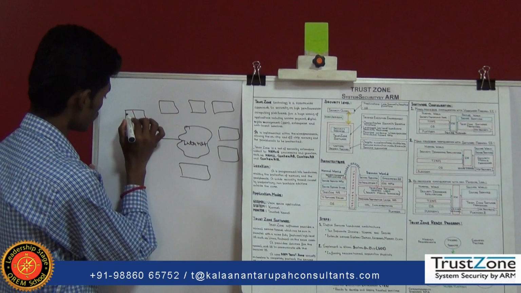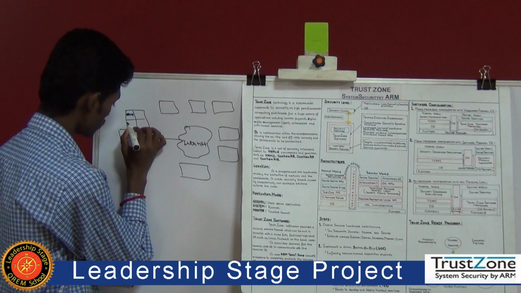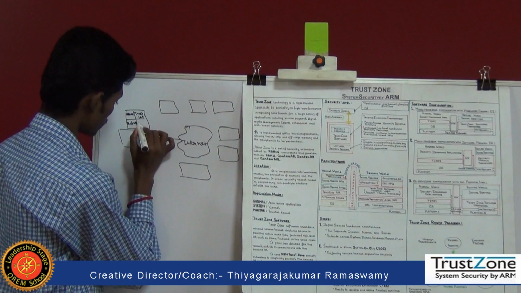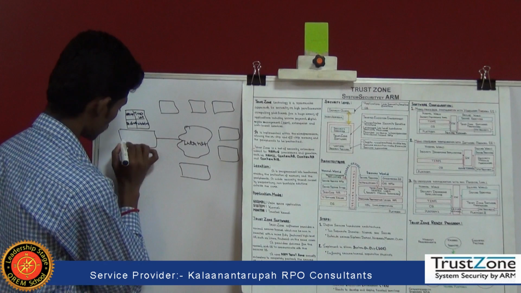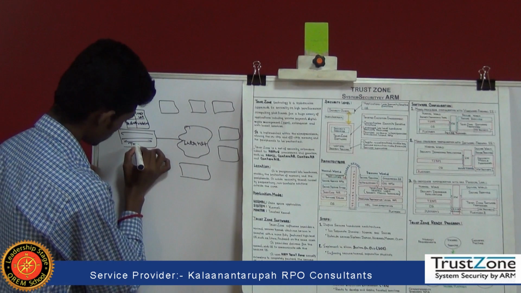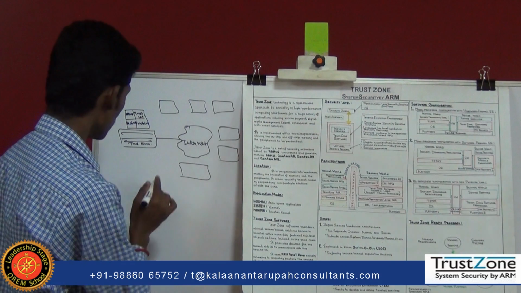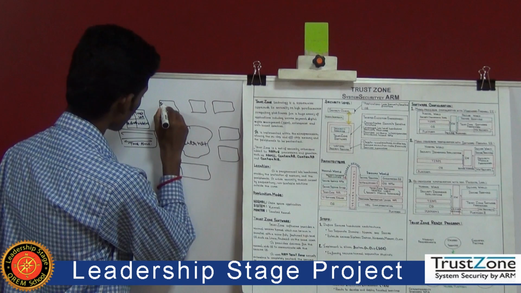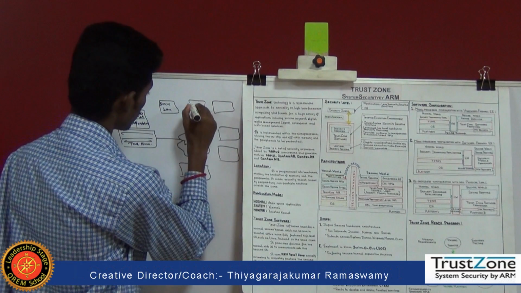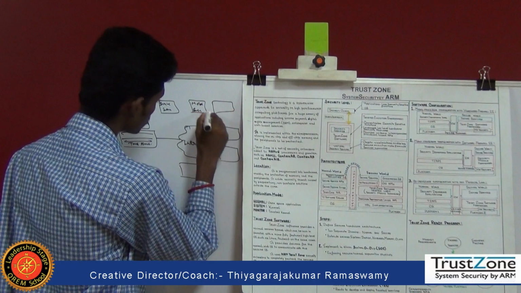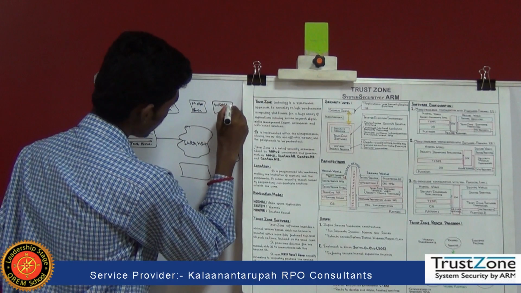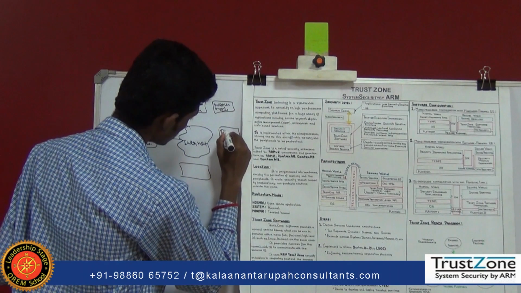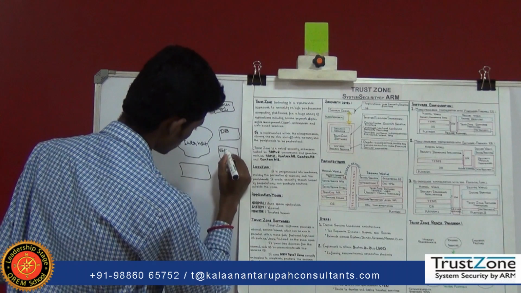This is applications of OS. This is rich OS, Trustlet, and MobiCore. This is the trusted environment, which provides the security for applications like device security, mobile services, mobile transaction services, database, and also enterprise services.